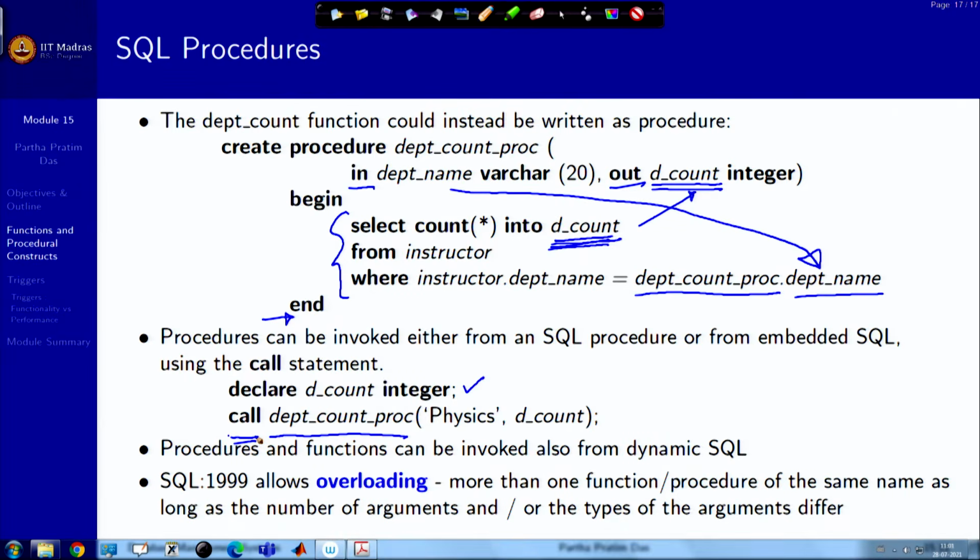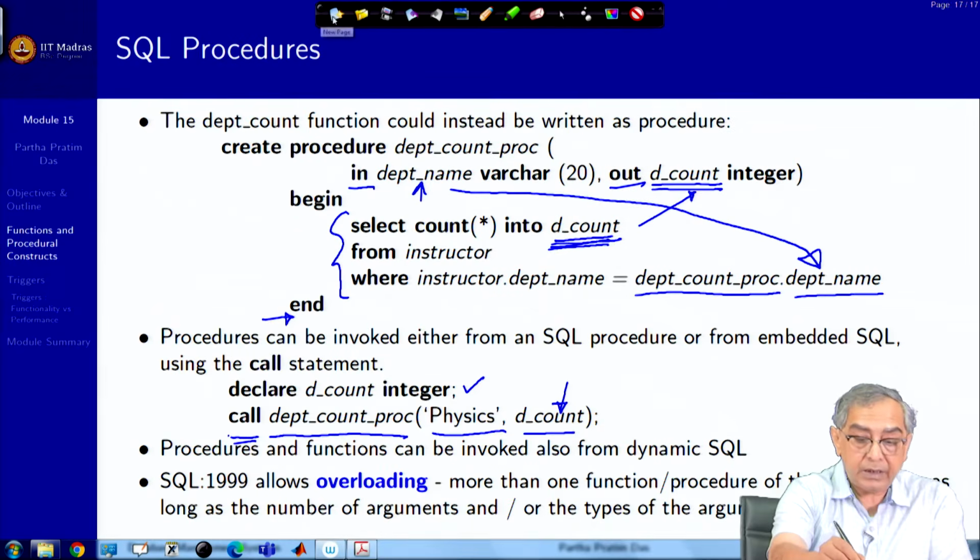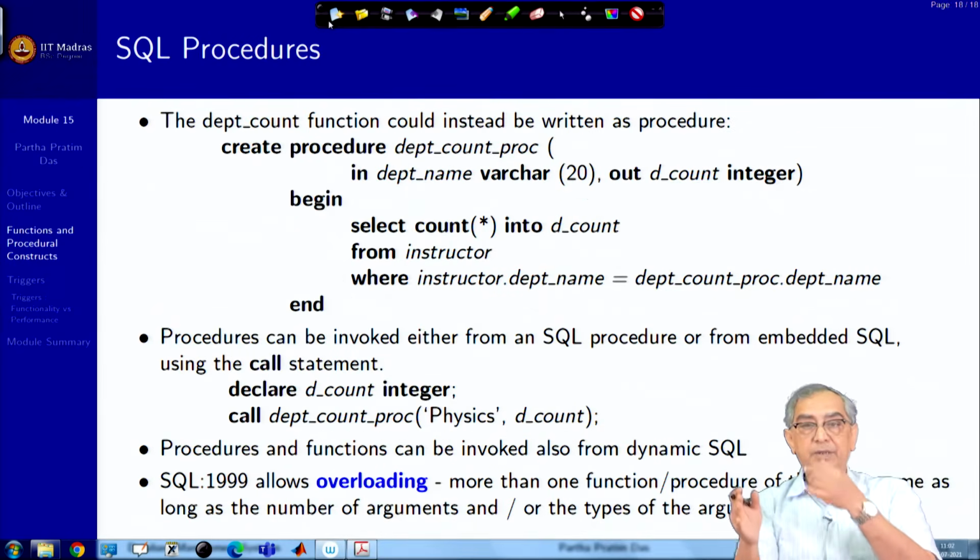So, as we said, from table, it was implicitly understandable that it is a function, but here it is a procedure, and it cannot be a part of an expression because it does not have a value. So, you do a call, pass the parameters. This is the in parameter, physics goes here, the count is computed and it comes out as d count, right. So, this is how you have functions as well as procedures.